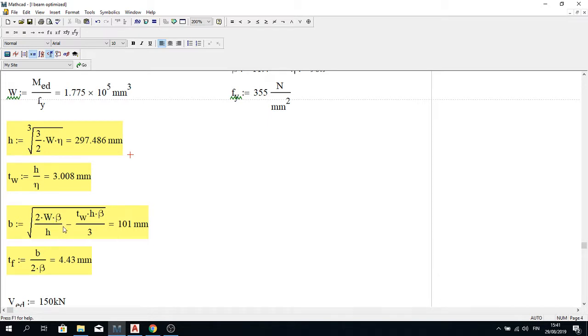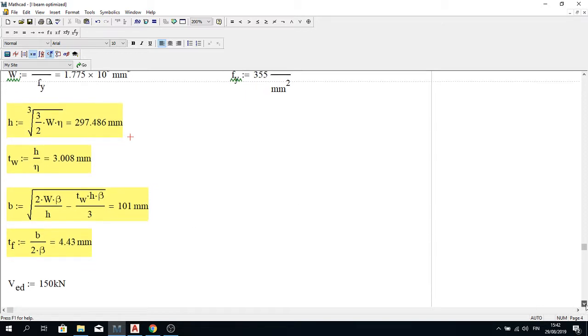You can go back and see how we derived the equation, and it will be like this, and this will be 101 millimeter, and thickness of flanges is B divided by 2 times beta factor, and this will be 4.43 millimeter, but we can consider it to be 5 millimeter, and thickness of web can be considered to be 4 millimeter, and height can be 300 millimeter, and breadth can be 110 millimeter, just to be on the safe side.